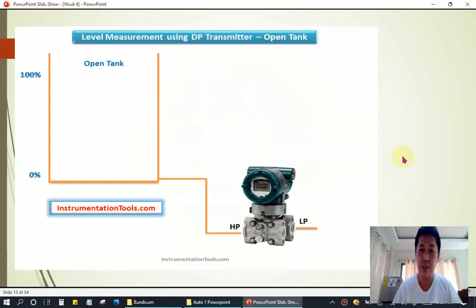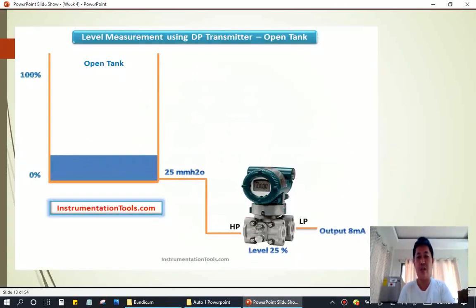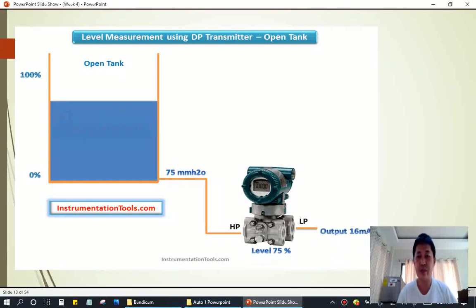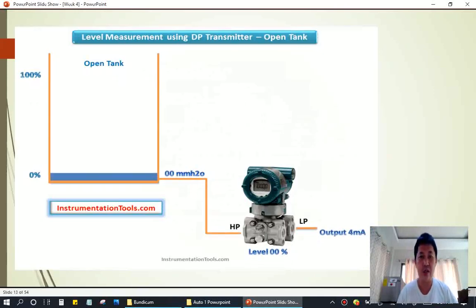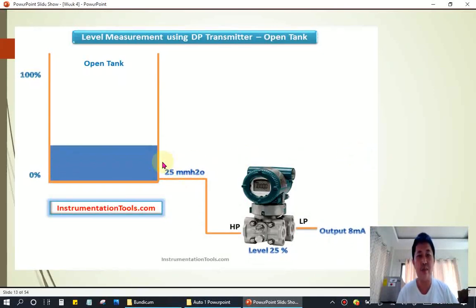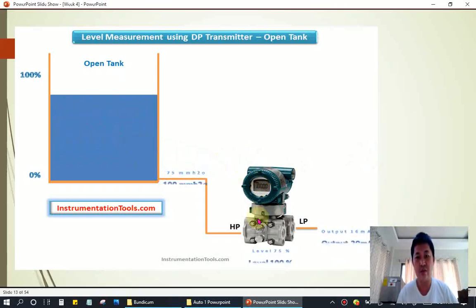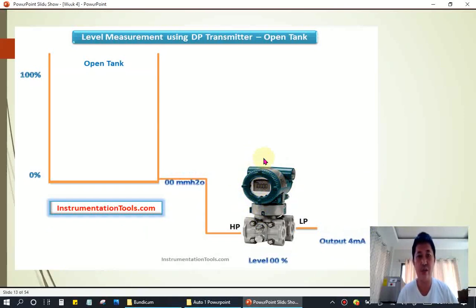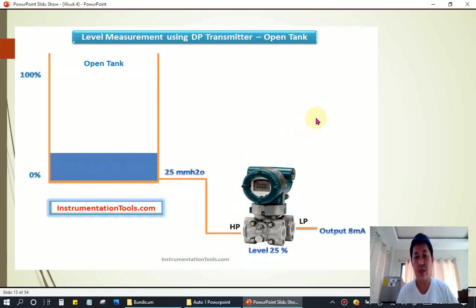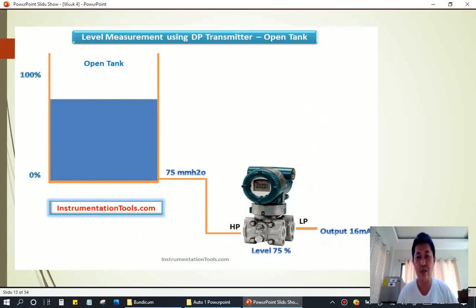So we'll see. This one is the animation of the electrical pressure transducer. As you can see here, the level of the tank is increasing, and the level read by your electronic pressure gauge is also increasing.